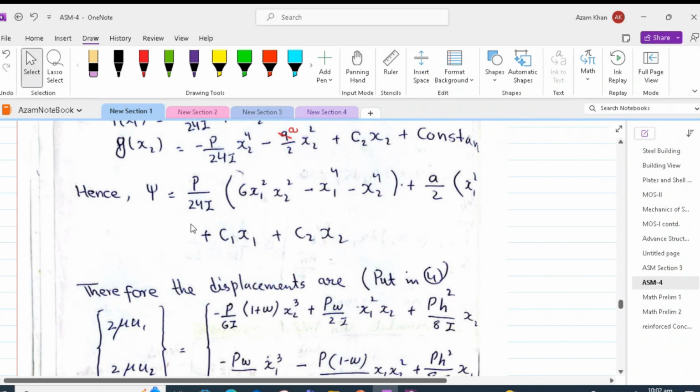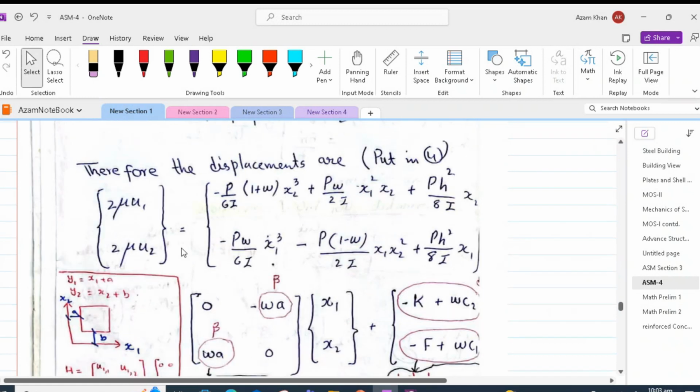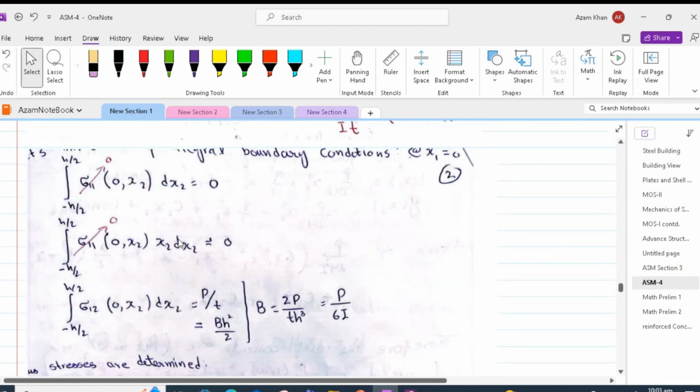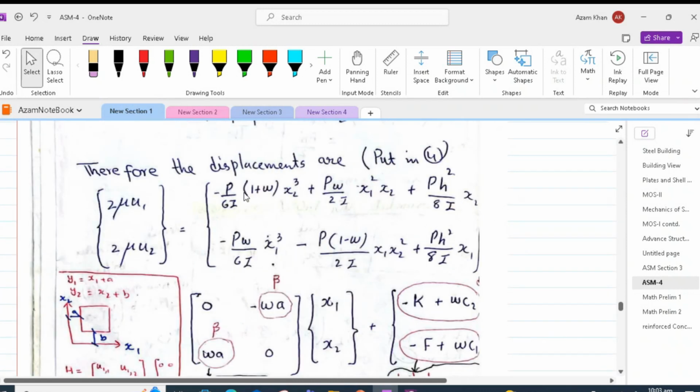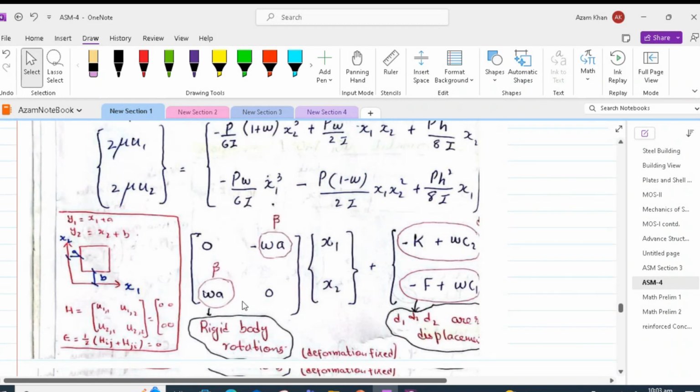Thus, our psi will be equal to P by 24I, small bracket, 6 x1 square x2 square minus x1 power 4 minus x2 power 4, plus a by 2, small bracket, x1 square minus x2 square, plus c1 x1 plus c2 x2. So we can write our equations for 2 mu u1 and 2 mu u2 in the form of a function in terms of x2 and x1, and then another bracket in terms of x1, x2, and the constants.